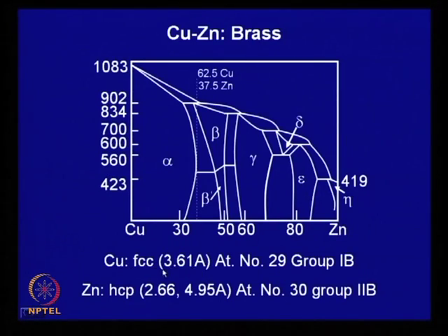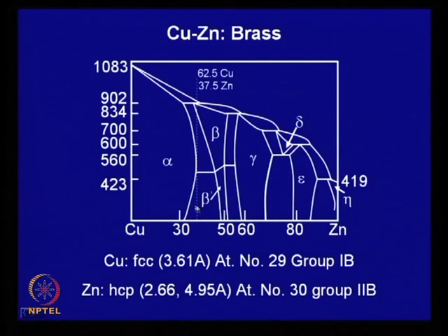This is the lattice parameter 3.61, its atomic number is 29, it belongs to group 1B. Zinc has hexagonal close pack structure, these are the lattice parameters, this is a, this is c, its atomic number is 30, it belongs to group 2B, its valency is 2.